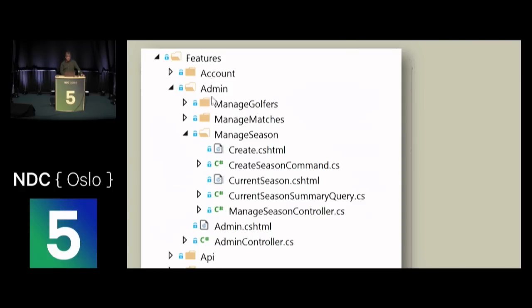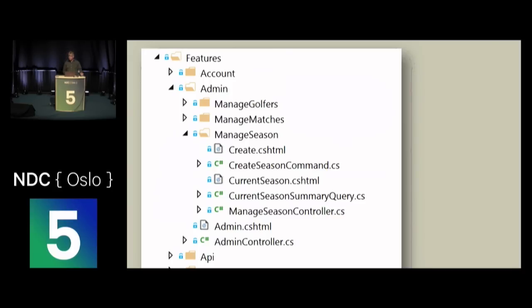So if you have an admin menu that someone clicks on and then they click on a button to manage a season or manage invoices, whatever it is, everything about that particular feature would be inside of here. So there's the manage season controller. There's a couple of views in here that the controller might render, and there's a couple models that the controller works with. So when someone goes to work on that feature, they have one folder to go to and everything's there.